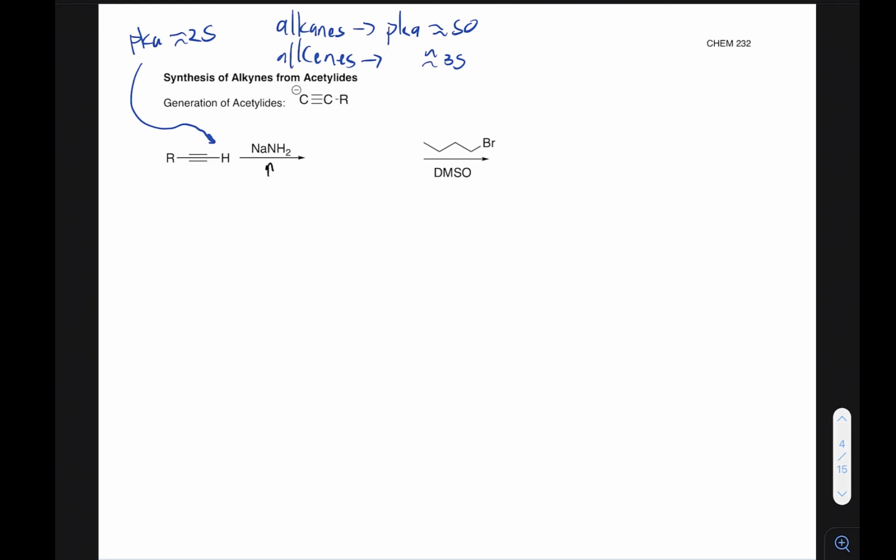So we note up here that this conjugate base of ammonia is pretty basic. And so what we see down below will be the mechanism for this.